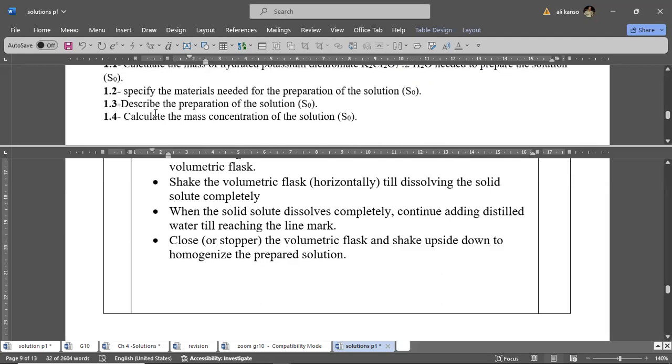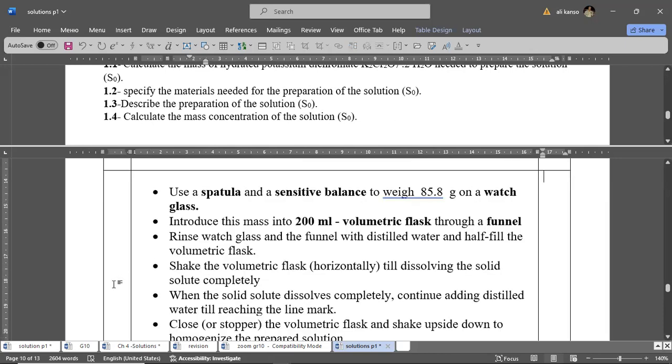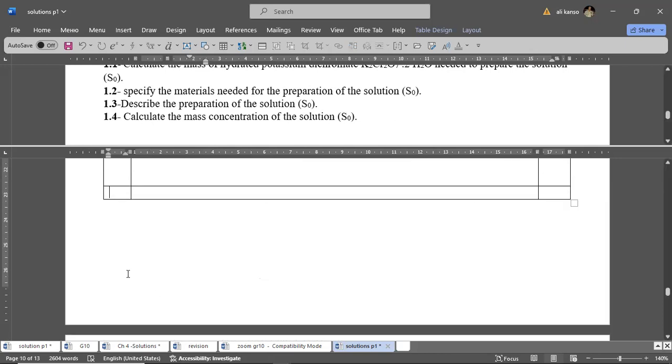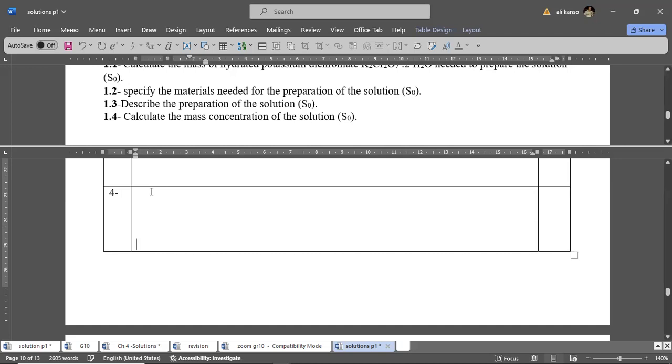Okay. After the preparation and writing the procedure, we calculate the mass concentration. Mass concentration is equal to what? C mass.